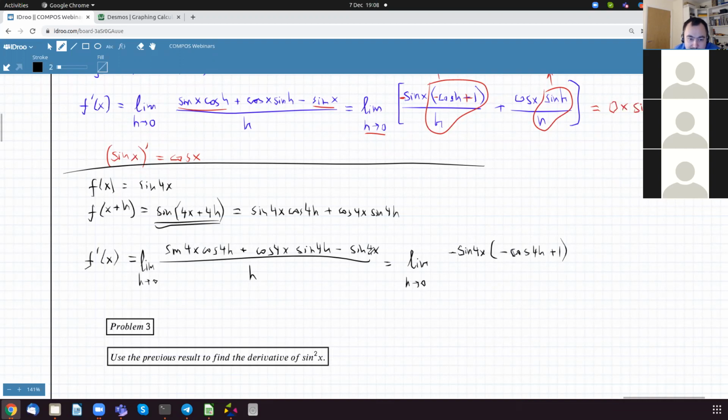I'm taking the first and third terms, and then divided by h, plus cos 4x sine 4h divided by h. Now, if we look at these expressions, now we have cos.